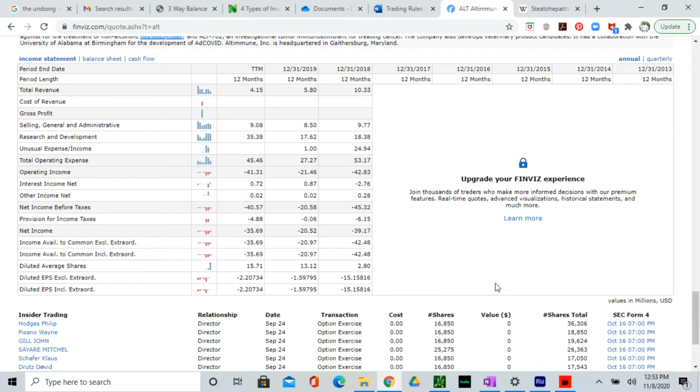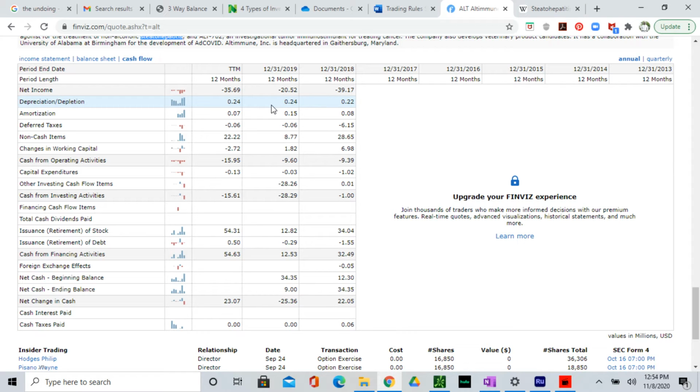But as you can see right here, you get a chance to look at their income statement, their balance sheet, and their cash flow. So you'll see their income statement, and we'll look at their cash flow. We see their total cash and dividends.